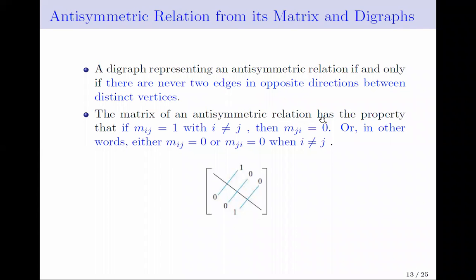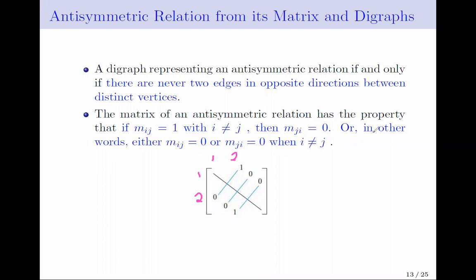The matrix of an antisymmetric relation has the property that if m_ij equal to 1 with i not equal to j, then m_ji must be 0. That means, suppose I have a matrix with rows and columns 1, 2. I have the ordered pair (1, 2) here, therefore the position corresponding to (2, 1) has 0, which means I cannot have the ordered pair (2, 1).